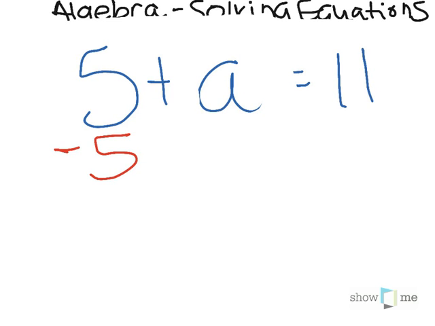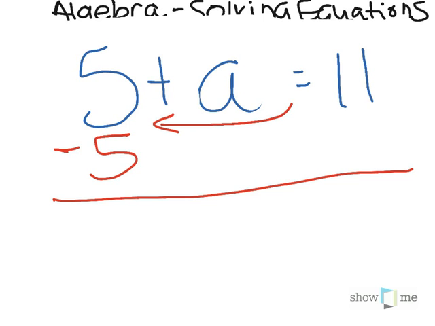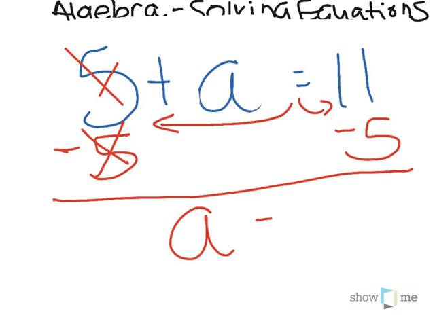If I do it to this side of the equal sign, I must also subtract 5 from this side of the equal sign. So a positive 5 and a negative 5 cancel each other out, leaving me only with my a, which equals 11 minus 5, which is 6.